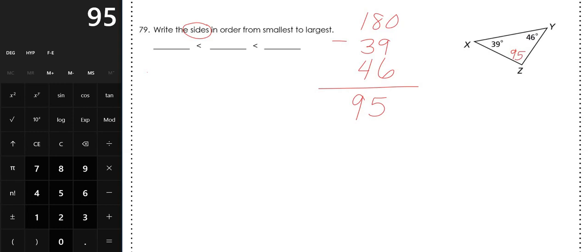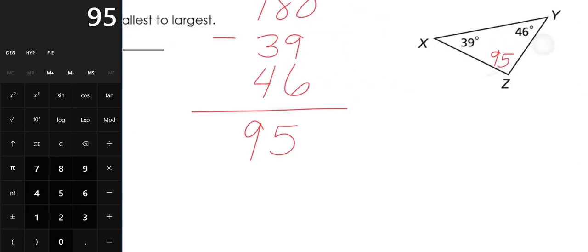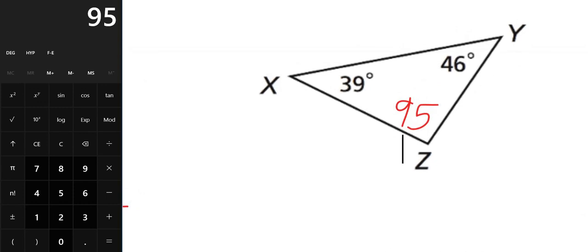Now, I'm going to zoom in on that triangle. Okay, now the largest angle is always across from the longest side. So our largest angle is the 95. So that means across from it is the longest side. So across is XY.